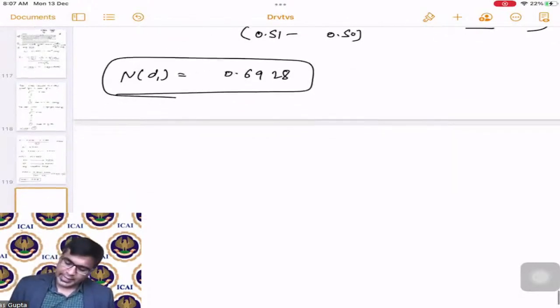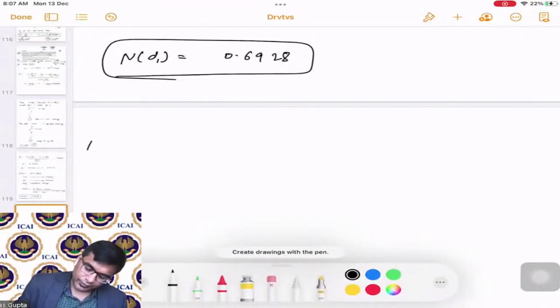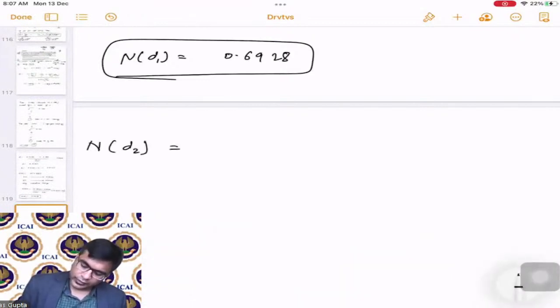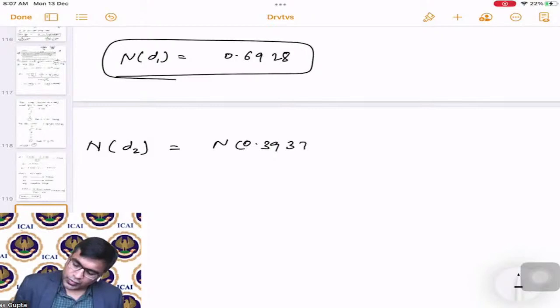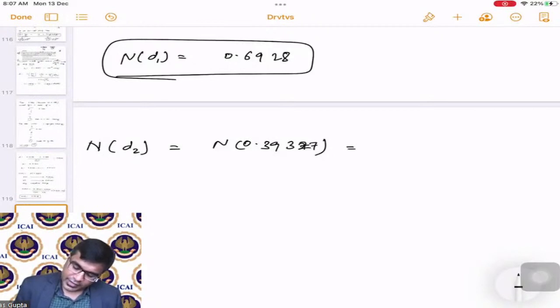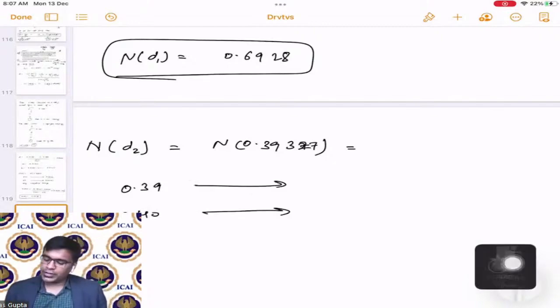Then similarly, ND2. ND2 is equal to N of 0.39327. This is what we have to find out. In this case, we will take a lower value of 0.39 and a higher value of 0.40, and then we will do the interpolation technique.